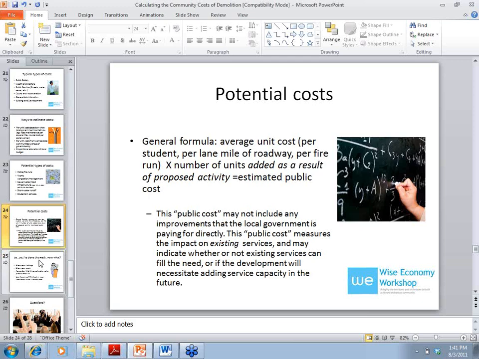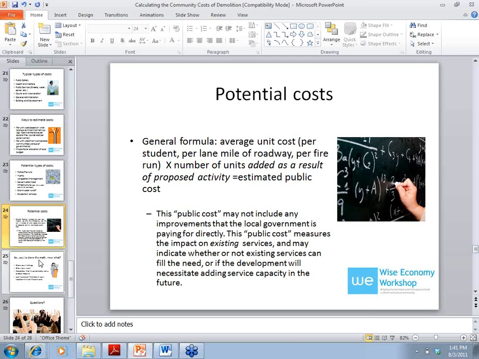This particularly comes in if you're looking at a big increase in the intensity of the use of the land resulting from a choice to demolish or extensively rehab an existing building.